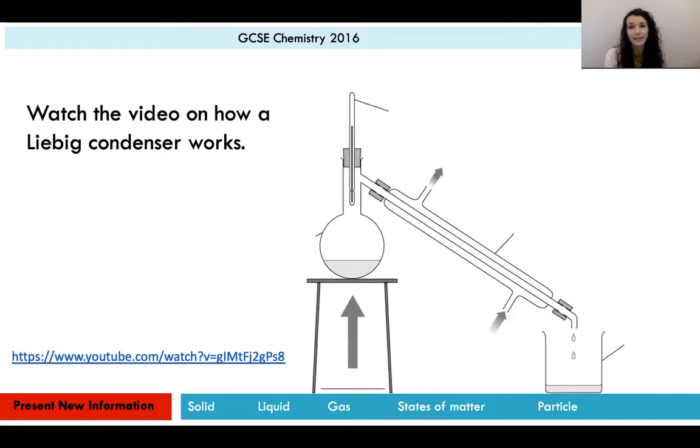But if not, then just sketch it out best you can. We are going to be using this diagram to label it and take some notes on the process of simple distillation. So you really need the diagram in front of you. Okay, so if you can pause the video now, have a go at sketching out this diagram of the Liebig condenser, the apparatus that we use for simple distillation.